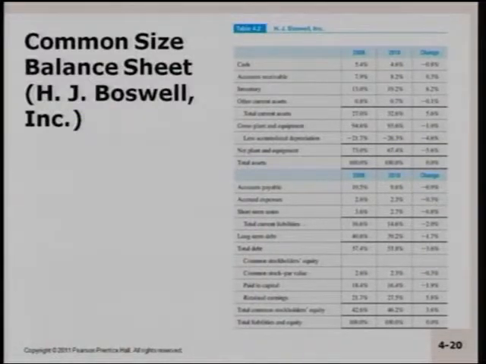Let's go to the fixed assets. Here is the total assets, and here are the fixed assets. Net plants 73% and 67%. Now my question to you: is this company a manufacturing company or a services company? It depends on the fixed assets.